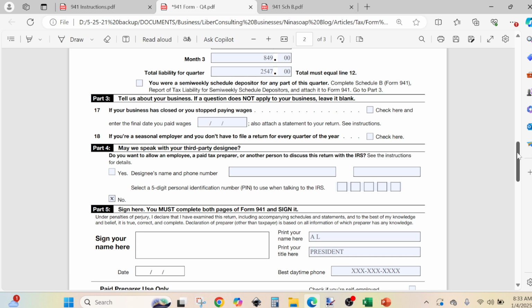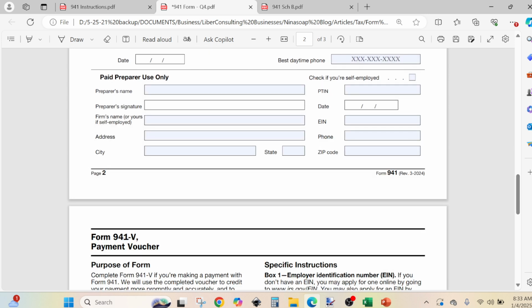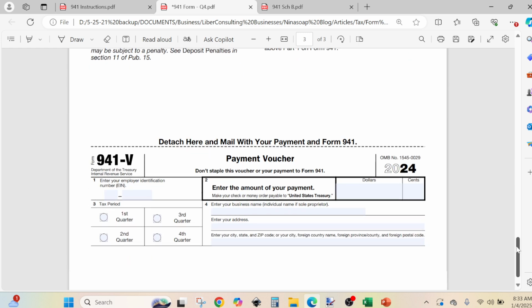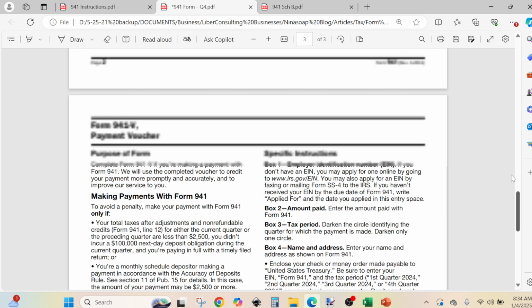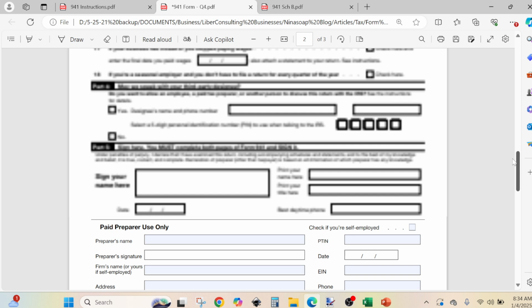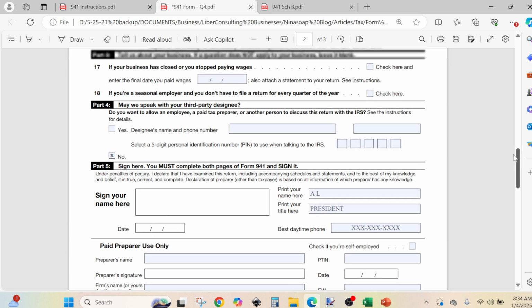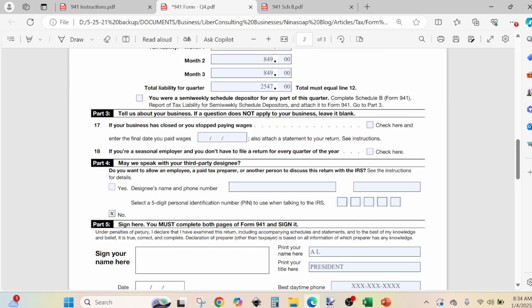There are instructions on which case you are okay to pay with the Form 941, and in which case it is not okay. Again, if you want to add payment, you might read about it, but I will suggest you register and create an account on EFTPS and pay via that route.